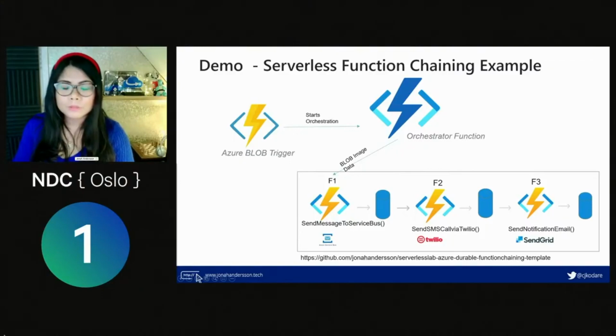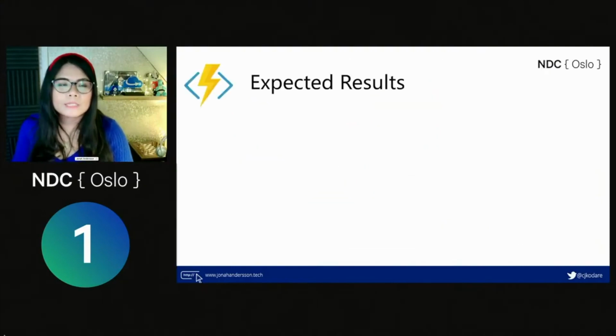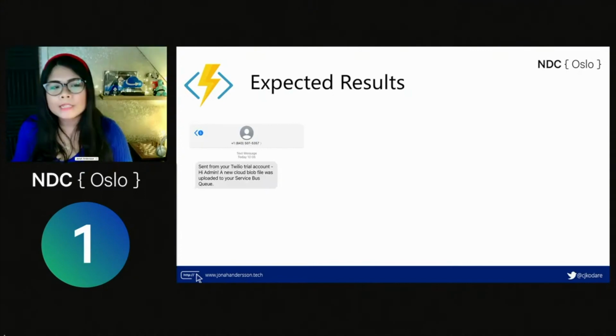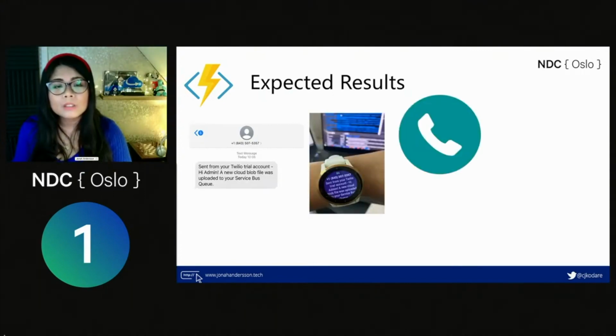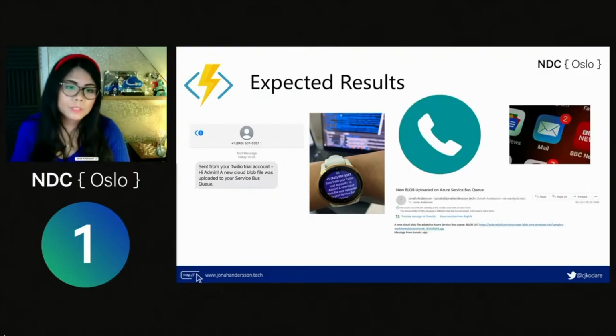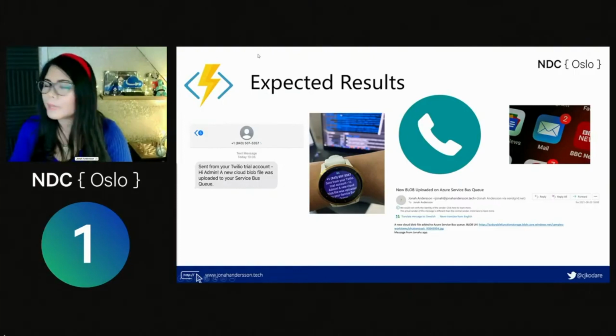If you want to try it out, I created a template for that as well with instructions. And my expected results for my demo would be like this. I get an SMS, I get a call, I get a message in my service bus, and I will also be getting an email.